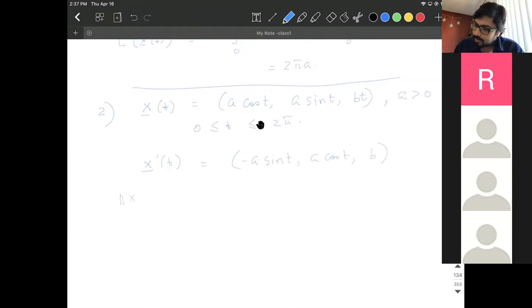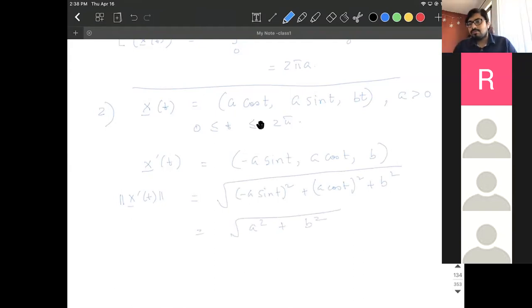So x prime is minus a sine of t, a cosine of t, and b. And hence the norm is once again the square root of (minus a sine of t) squared, (a cosine of t) squared, plus b squared. So in this case, what you have is a squared plus this b squared term, which comes from the z-axis.